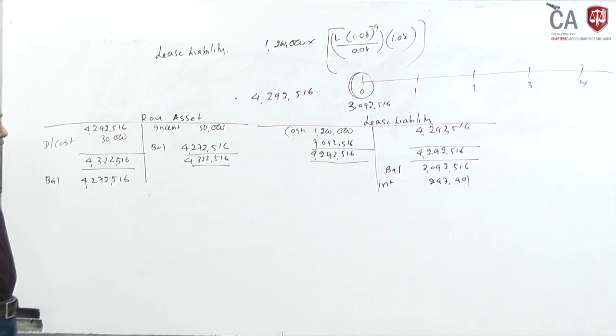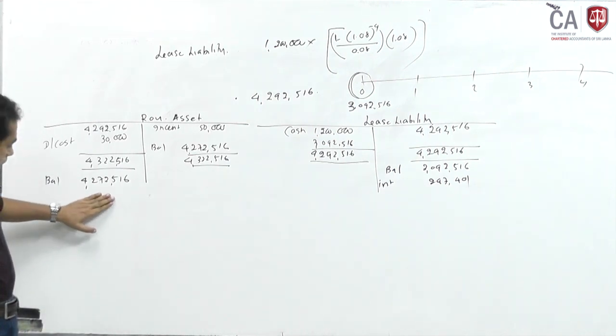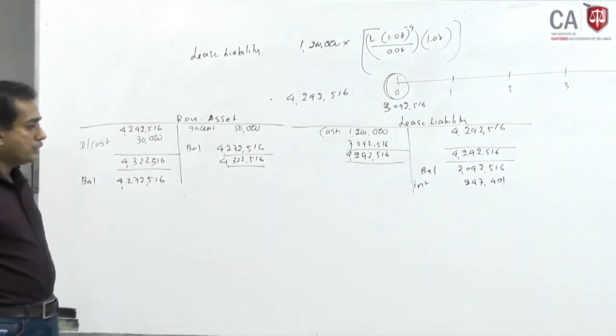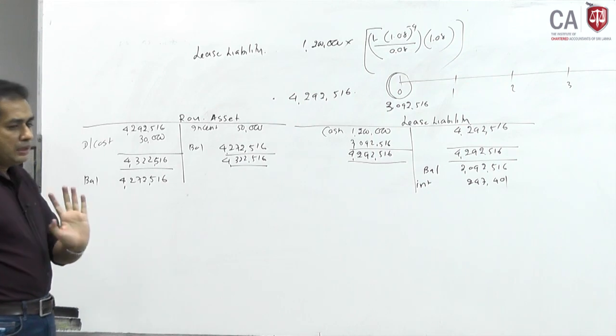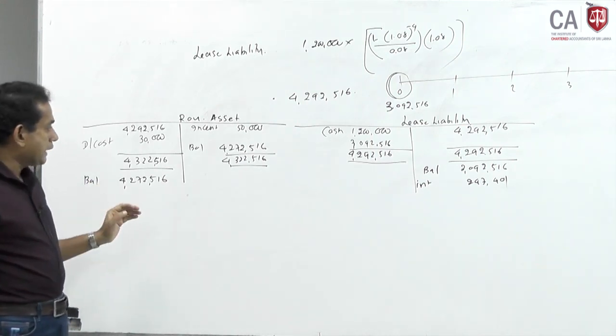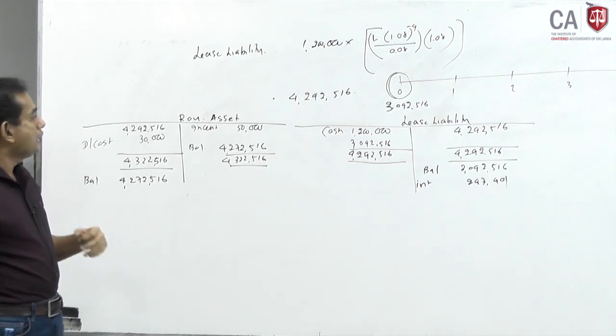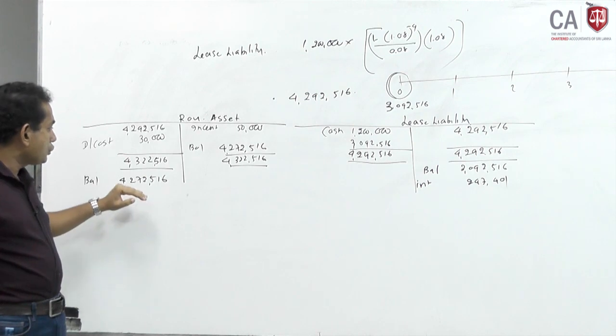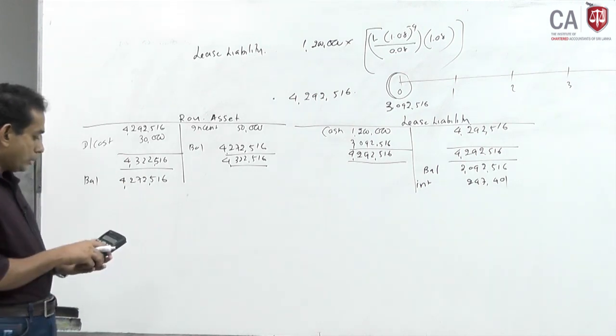Now, since the lessee has to return the asset back to the lessor in 4 years time, the lessee cannot make the best use of the asset over 10 years time. Lessee can make the best use of the asset only over 4 years time. So, you need to depreciate the asset only over 4 years time.